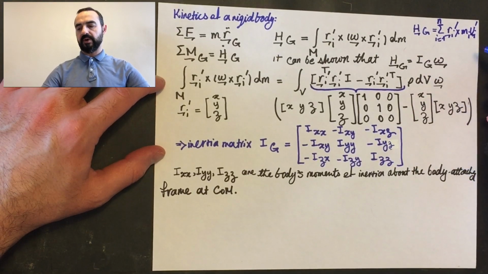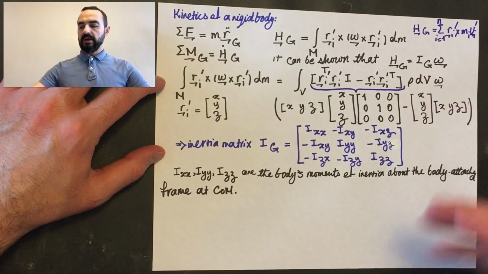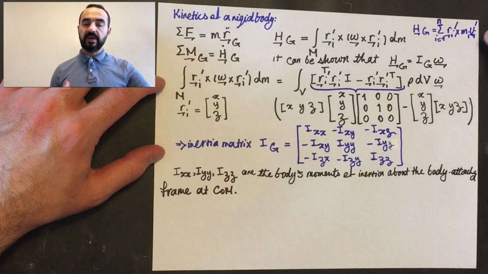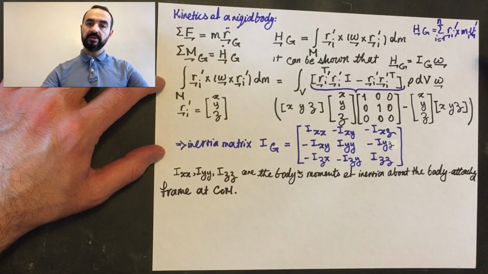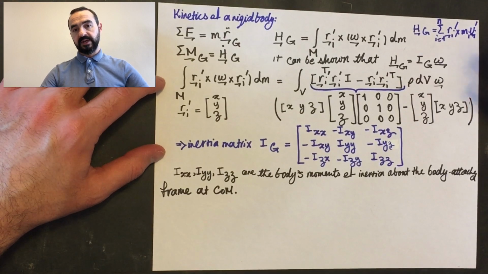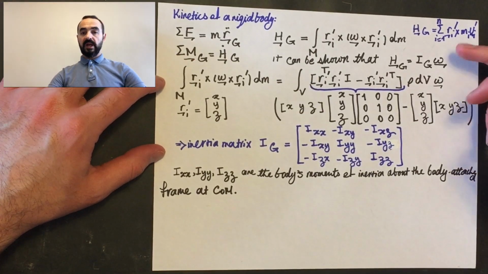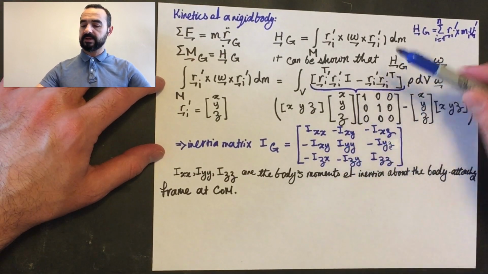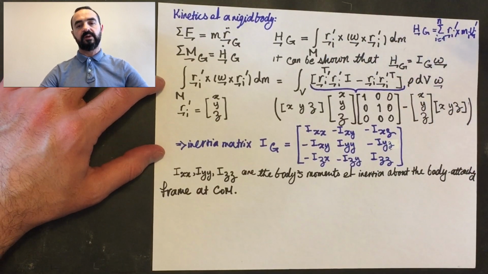This was for a system of particles. Now we said that if we decompose a rigid body into many particles, then we can expand this relationship and use it for a rigid body. The difference would be, as the number of particles increases, we know from calculus that this sum should be replaced with an integral over the entire body.